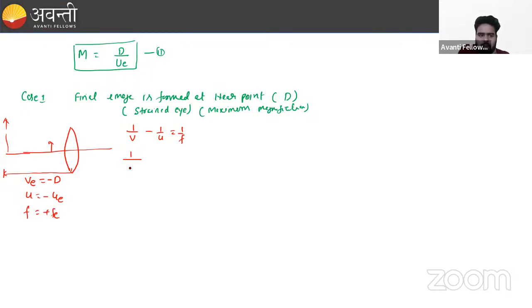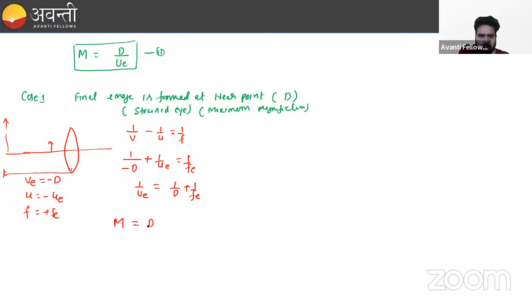If we put this value here, 1 upon minus D becomes minus, and minus becomes positive, that is 1 upon FE. In this case, if you calculate the value of 1 by UE, this will become 1 by D plus 1 upon FE. If we put this value in equation number 2, what is the magnification?